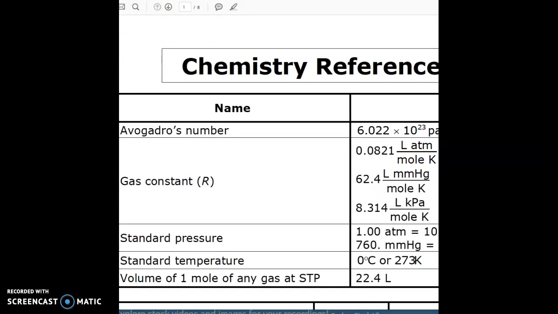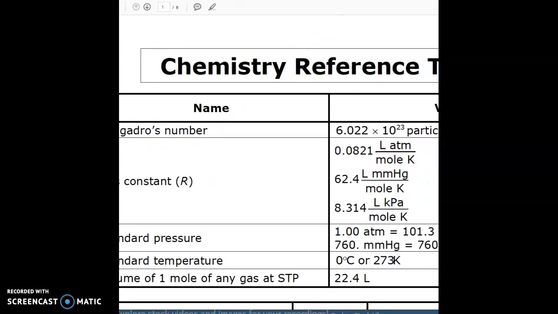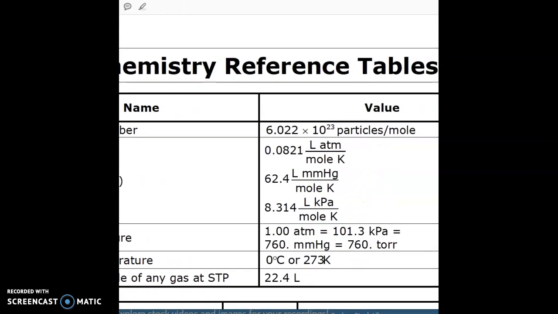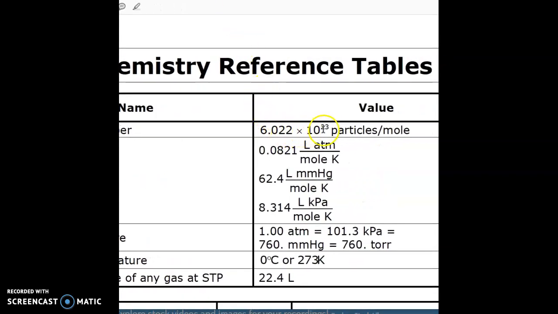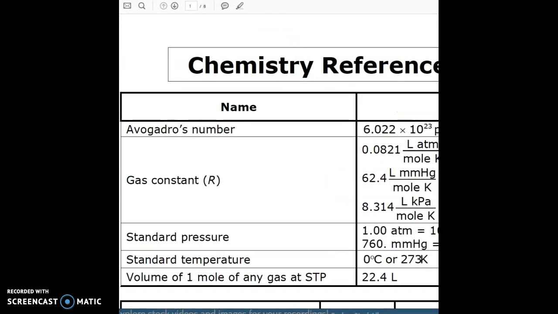Avogadro's number. Some people like to call it Avogadro's number or Avogadro's mother, but it's not. It's Avogadro's number. And for North Carolina, they round it to 6.022 times 10 to the 23rd particles per mole. So what I would like for you to do, and it says number of particles, write down Avogadro's number.